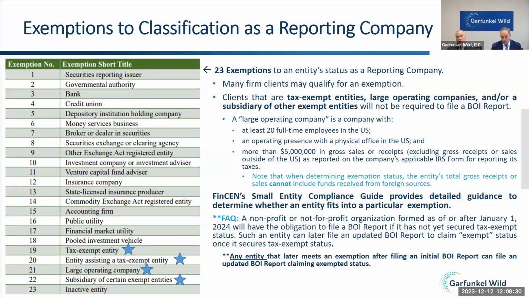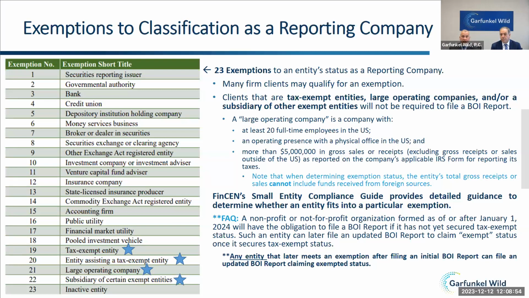Now, another question, and it's kind of an interesting one, because if anyone knows about the formation of a tax-exempt organization, what precedes the formation of a tax-exempt organization is your initial formation with a Secretary of State office as a nonprofit organization or a not-for-profit organization. So once you are that, you at that point are not tax exempt.